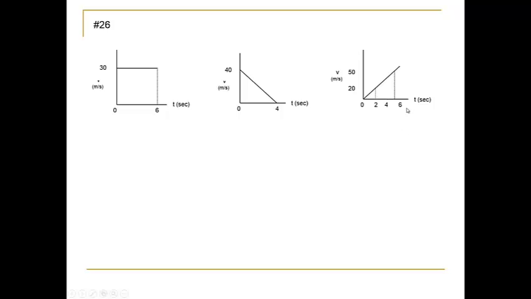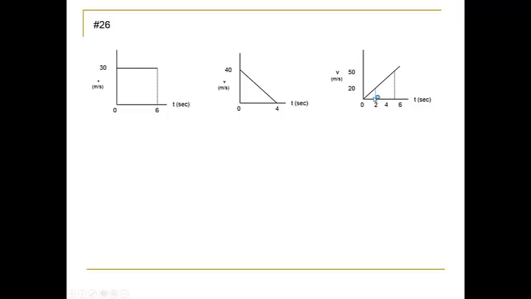Or, like I said, you could also do the two triangles. So if you did the big triangle first, it'd be 1/2 base times height. So it'd be 0.5 times your height of 50 times your time, which would be 5.